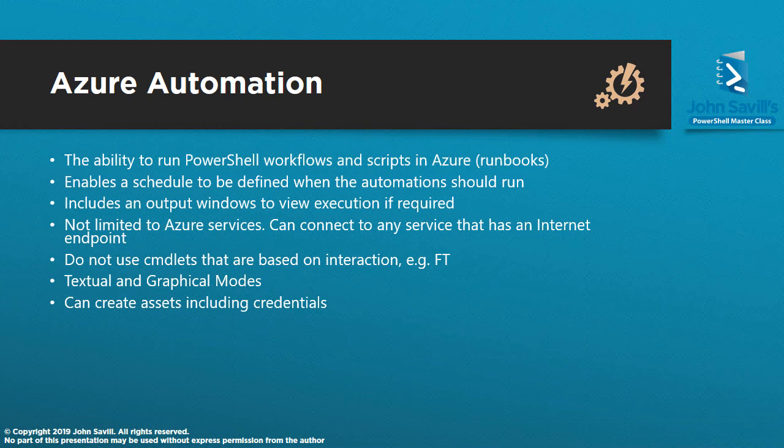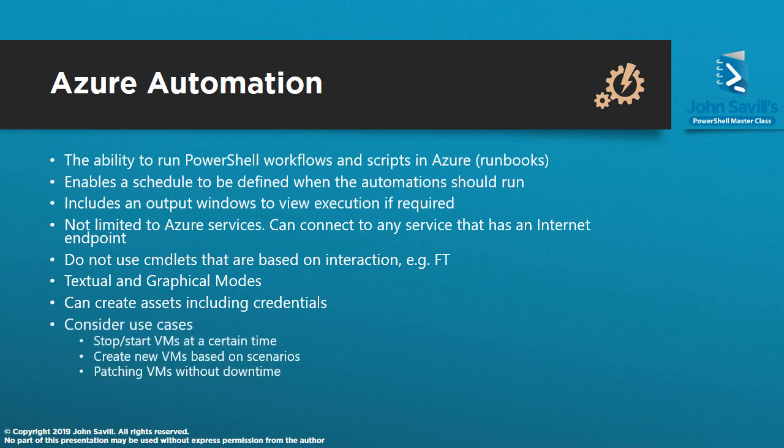It will even create a service principal that has full rights over my Azure subscription and let me hook in via that, so I don't even have to worry about any credential and updating passwords. So think about starting VMs, stopping VMs, creating VMs on a scenario, patching. It's just going to do all of this for me.